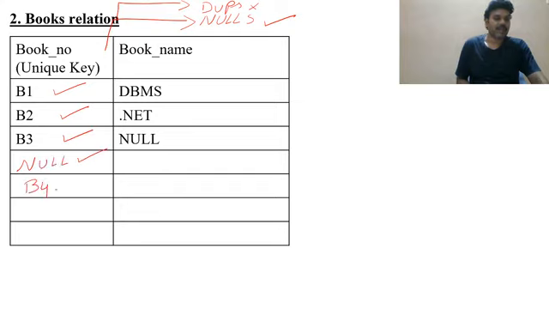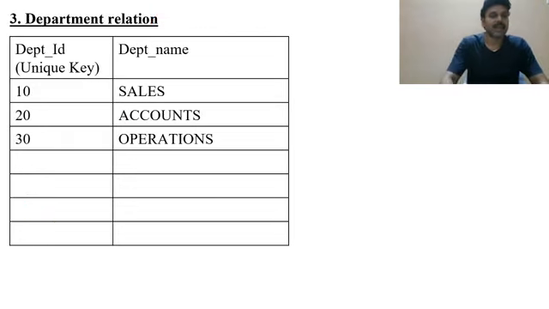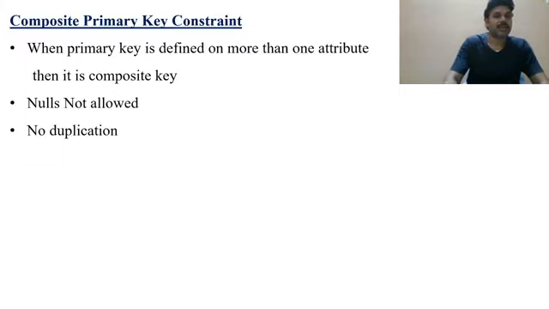If I am writing a B4 here, it is also valid. If I am writing B1 here, it is invalid. Well friends, now let us look into the department relation where department ID is unique. So all three are correct. Well friends, this is the difference between primary key and unique key.